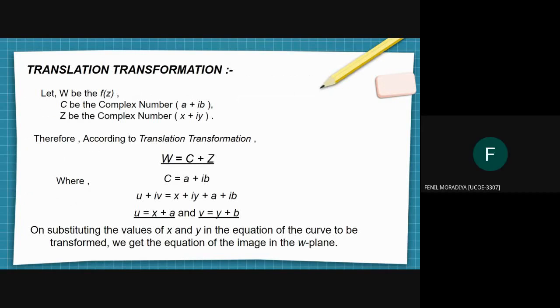So in translation transformation, let W be the function of Z, C be the complex number a plus ib, Z be the complex number x plus iy. Therefore, according to translation transformation, W equals C plus Z, where C equals a plus ib, W equals u plus iv, and Z equals x plus iy.